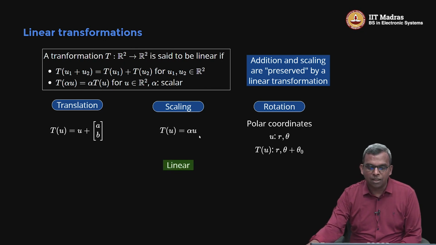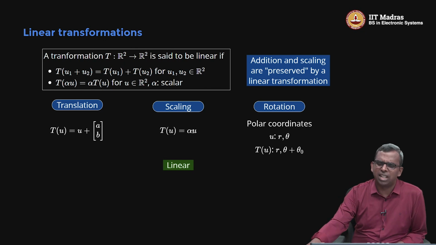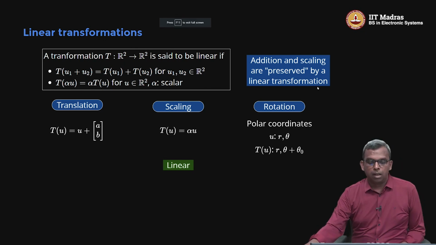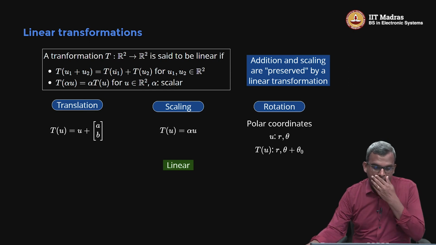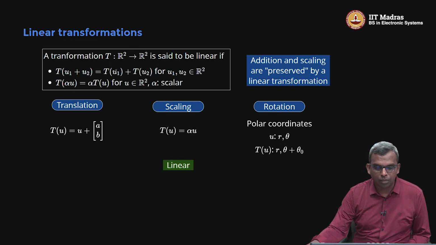The scaling, it turns out, is linear. It is very easy to show. Let's see why. T of u1 plus u2 would be alpha times (u1 plus u2), which clearly becomes alpha u1 plus alpha u2. And alpha u1 is T of u1, and alpha u2 is T of u2, isn't it?